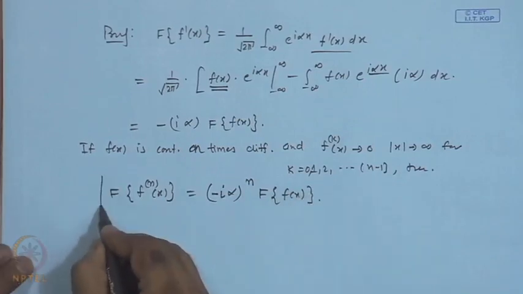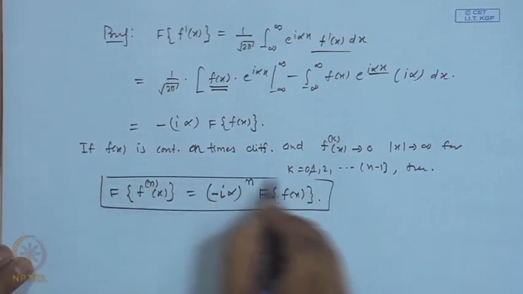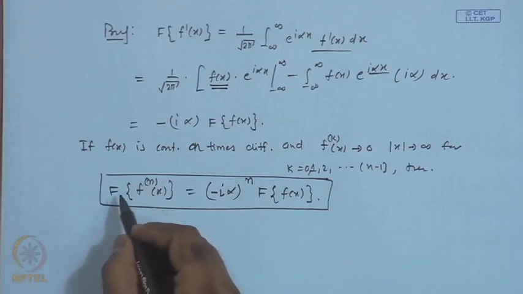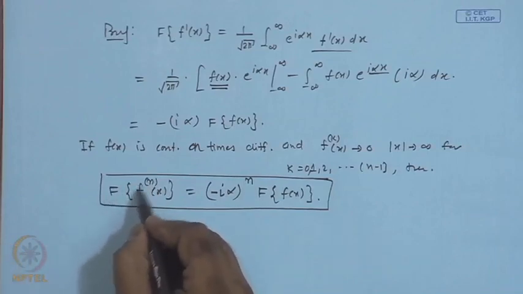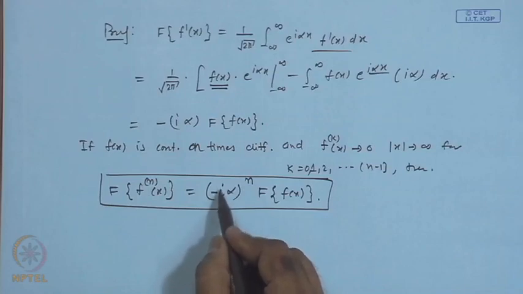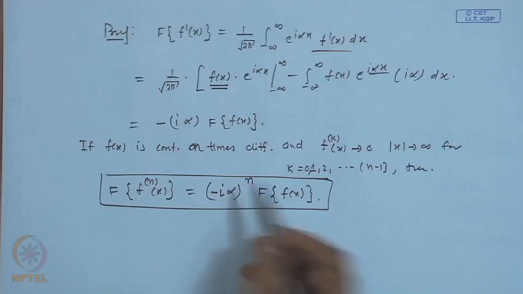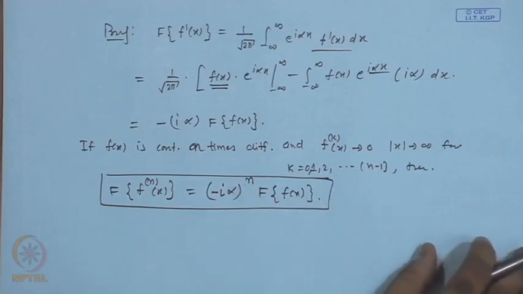So, this is the general result. Normally, we will be using the second derivative while solving PDEs. So, the Fourier transform of the double derivative will be (−iα)², so minus alpha squared times the Fourier transform of f(x).